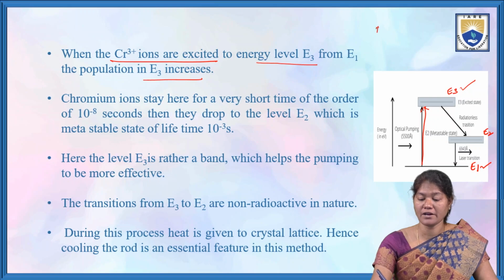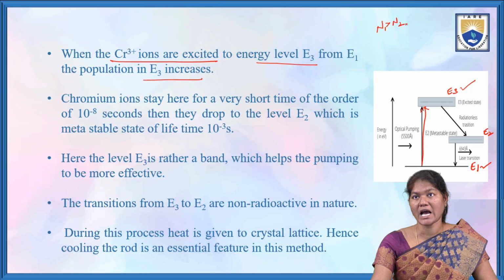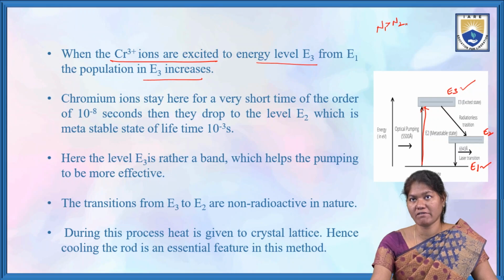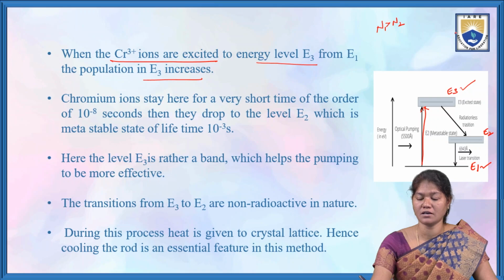Usually, N1 is greater than N2, so the atoms in the lower energy level outnumber those in the higher energy level. But population inversion means that N2 is greater than N1.